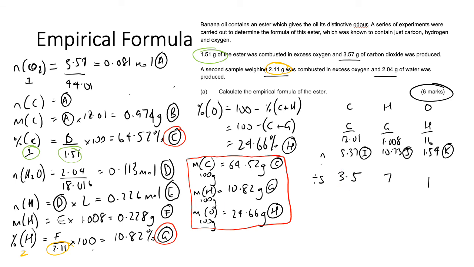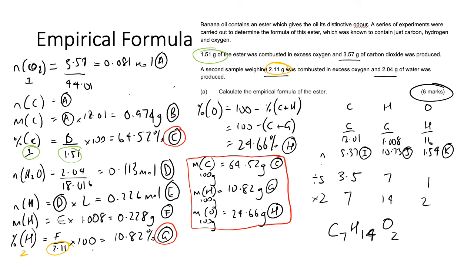What do I have to do? I have to multiply it by 2, so that becomes 7, that becomes 14, that becomes 2. So therefore it's C7H14O2. And that's the empirical formula of this particular ester in venue B.